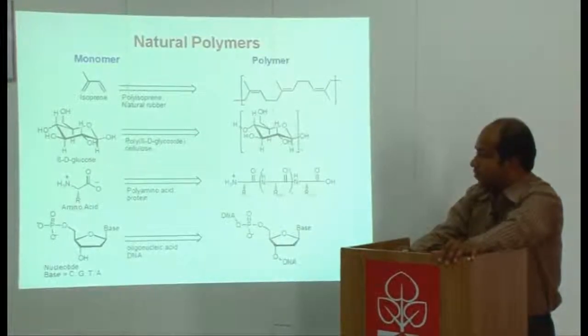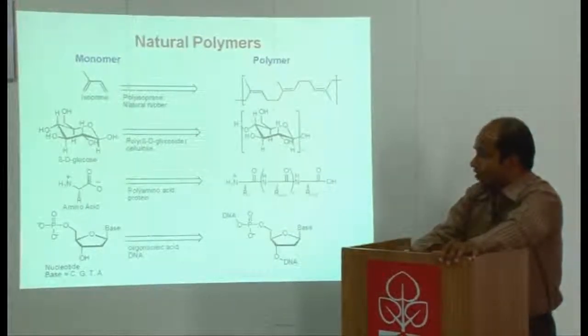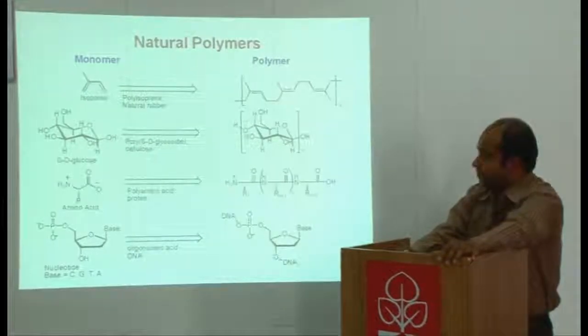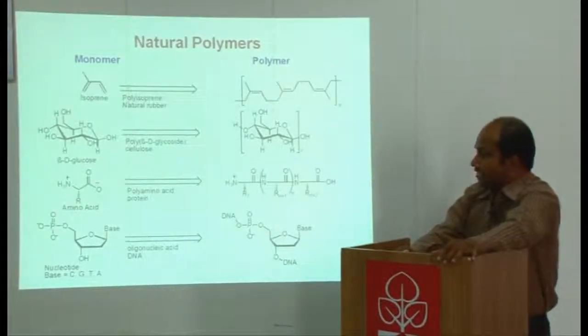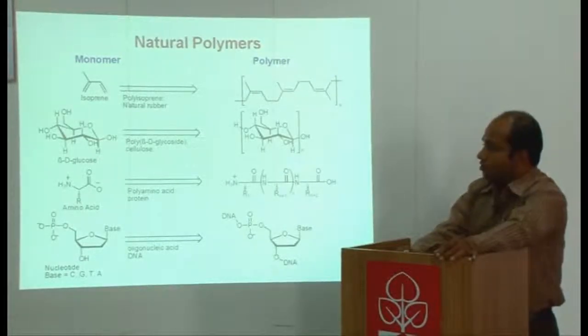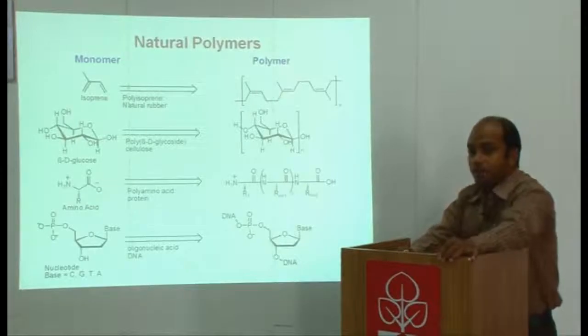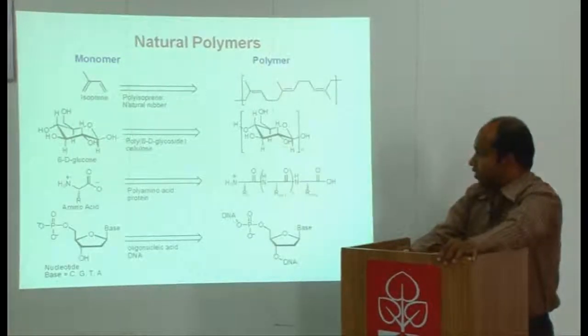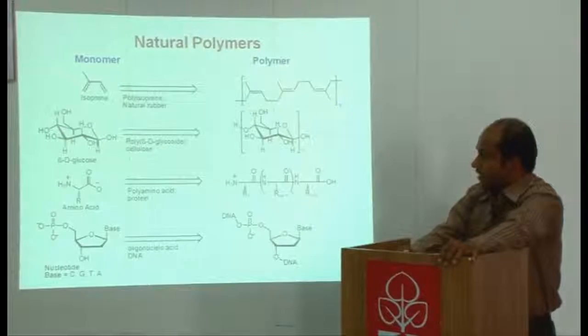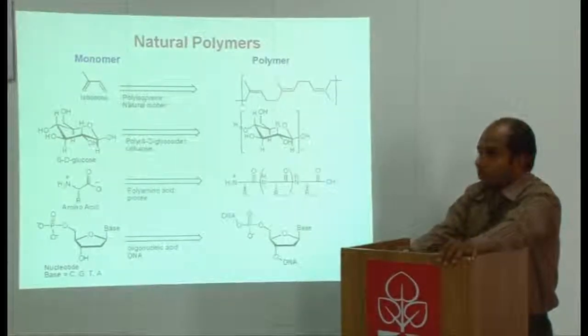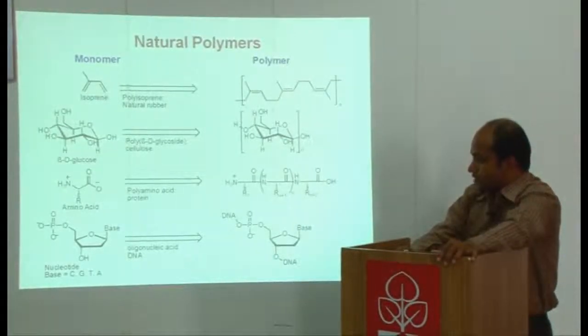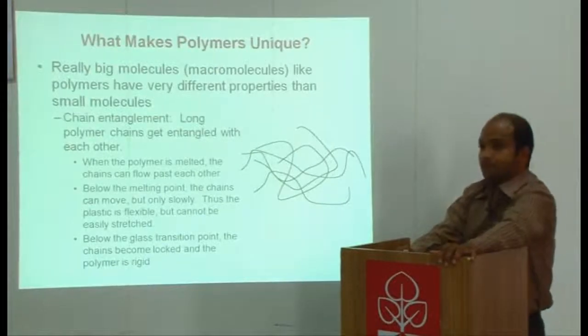You have deoxyribonucleic acid, which is formed from polymerization of various nucleotides, which are obviously formed from amino acids. So if you really want to go about the sequence, amino acid reacts to form a nucleotide, and then these nucleotides continue to form deoxyribonucleic acid.